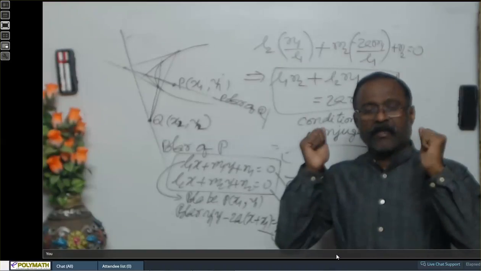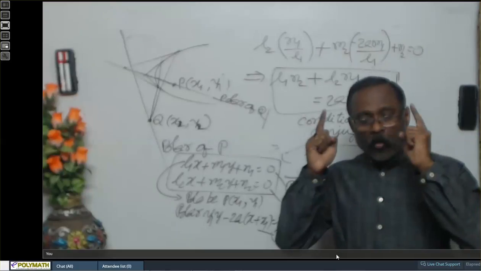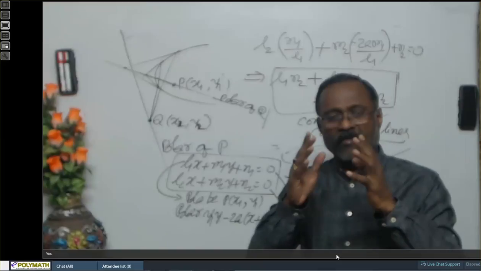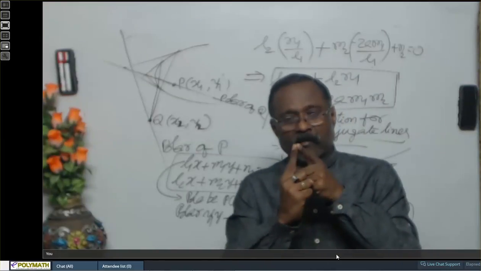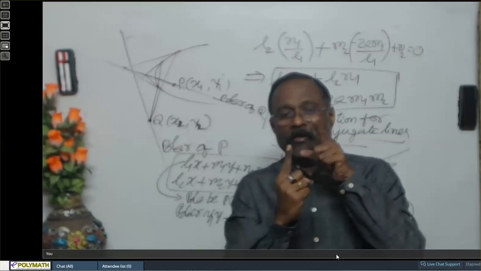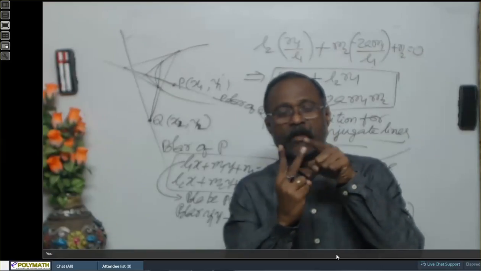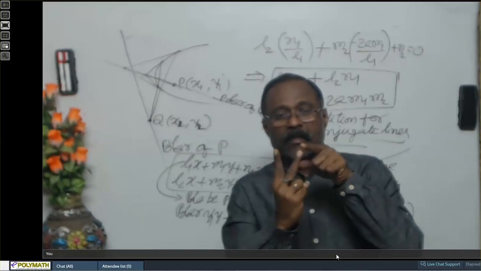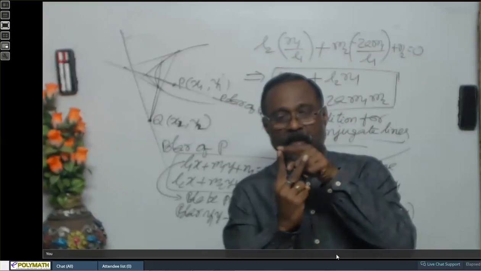That will be comfortable to apply to any curve, whatever the size of the curve is. To find out the pole, what is the method to be followed, just remember this. Step number 1, let the pole be x1, y1. Step number 2, write the polar with respect to the given curve. This polar is nothing but our polar in terms of x1, y1.